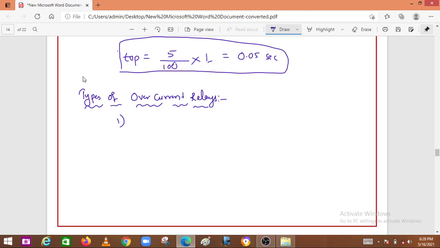Depending upon the characteristics, the overcurrent relays are classified as instantaneous overcurrent relay. First one. Second one is definite time overcurrent relay.